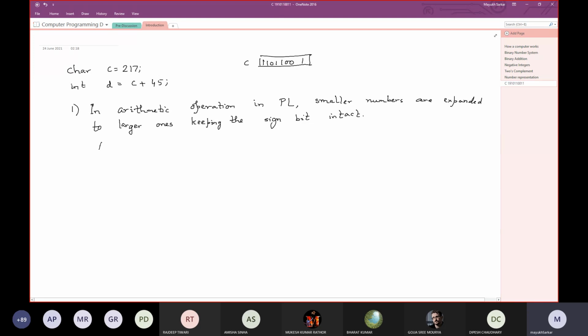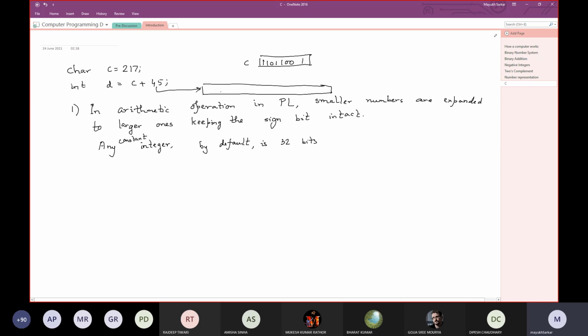Any integer, in fact any constant integer, by default is 32 bits. So when you perform this addition, this 45 in memory was stored in 32 bits, not 8 bits.